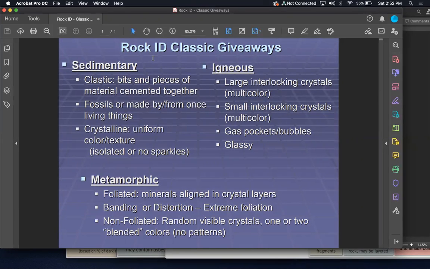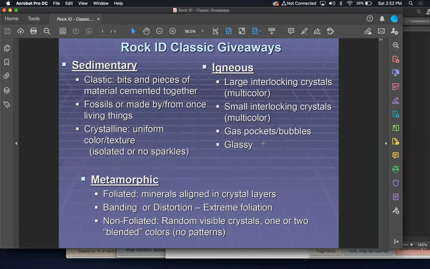So what I saw was a boring rock, very bland looking, not very crystalline. If there are no crystals visible, most of the time you're going to be able to eliminate igneous and metamorphic, because igneous rocks show very large or small multicolor crystals, and you can almost guarantee that it's igneous in those cases.